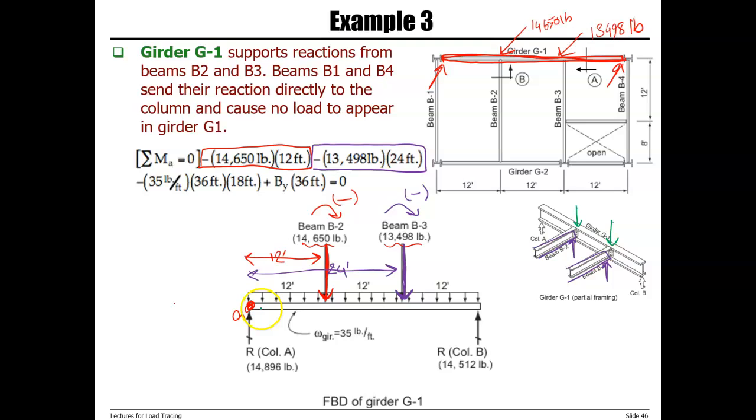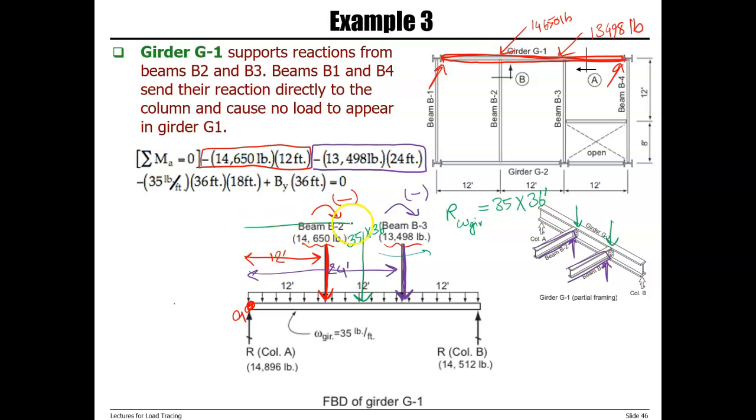Then we have the dead load, and we're going to replace it with the resultant. So this is the resultant of W girder, dead load of girder. It will be equal to 35 PLF times total length, which is 36. So here we have 35 PLF times 36.